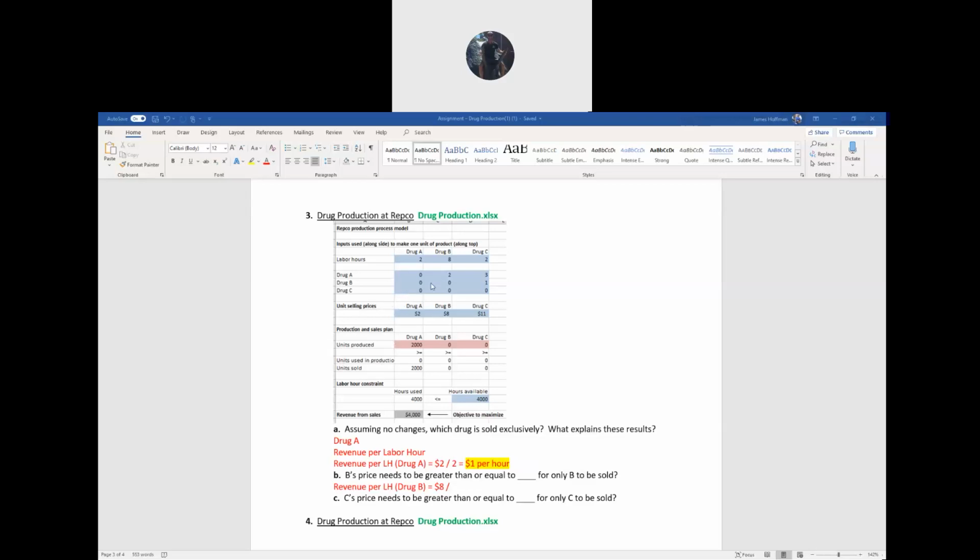Almost. Or is it 12? It's 12, yeah, my fault. Each of these drug A's is 2 hours, so that's 2 plus 2, which is 4, and then 4 plus 8 is 12.